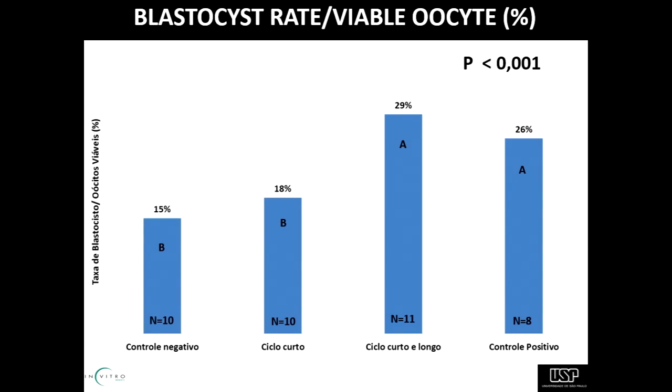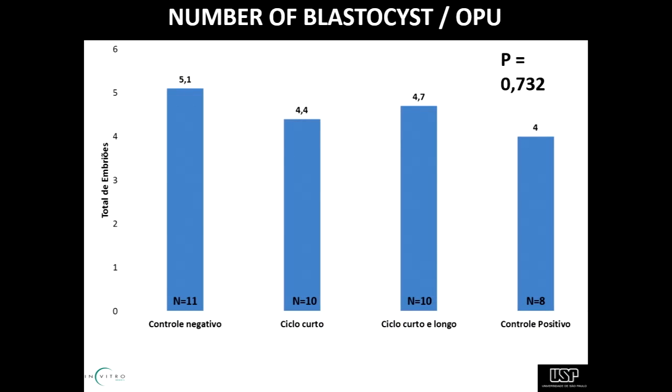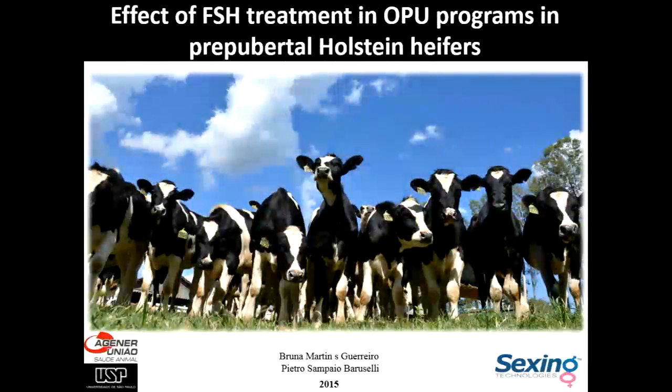So this is an experiment that could improve the oocyte quality from heifers. But at the end, the number of embryos produced per OPU didn't change between the groups, because here we produce a lower number of oocytes than here. But we improved the quality when we did a progesterone prime in this situation.